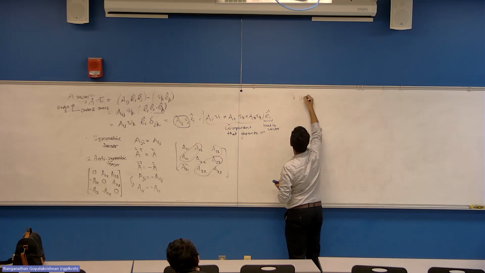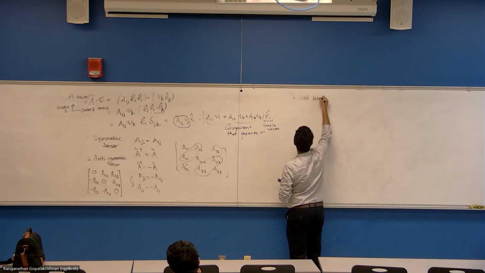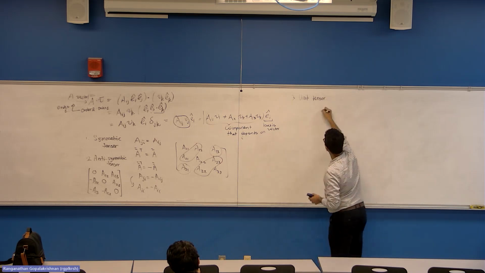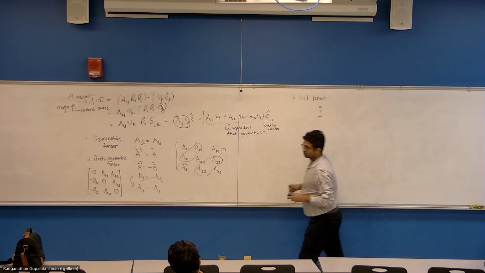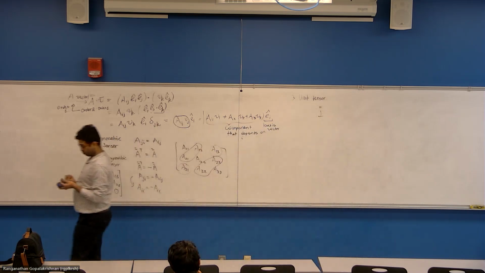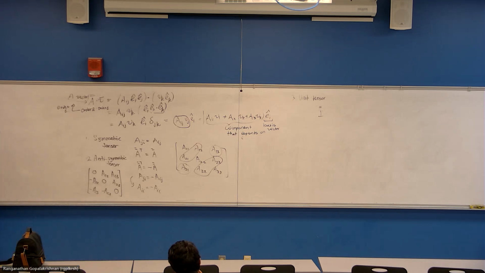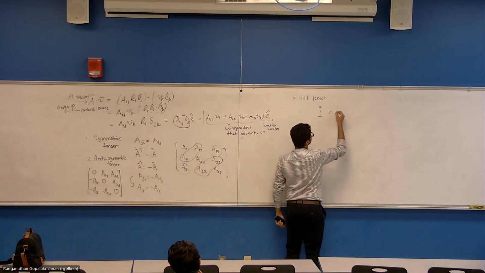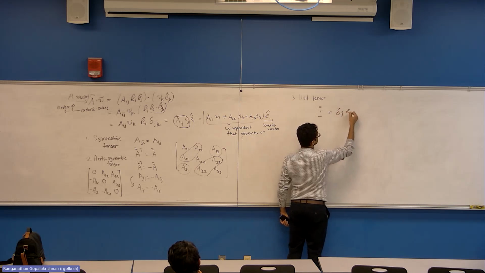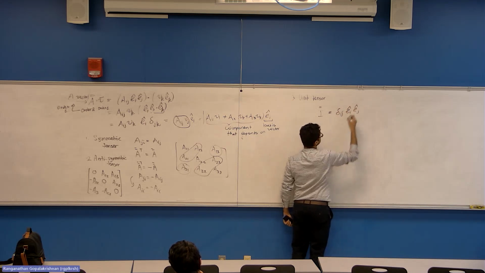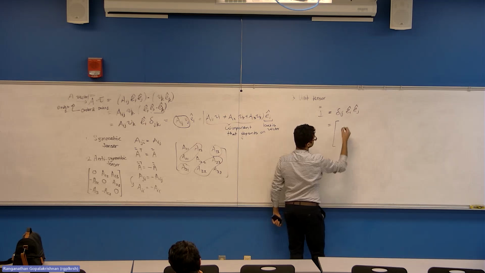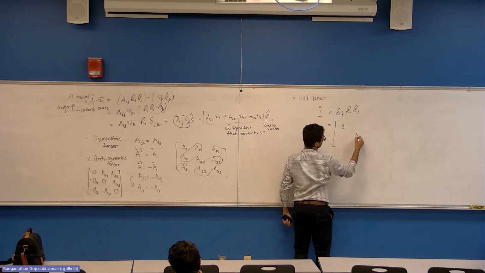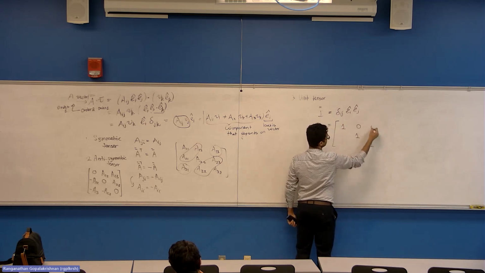Number 3, unit tensor. It's given a symbol I. Its components are defined as delta ij ei ej, which is 1, 1, 1, and everything else is 0.